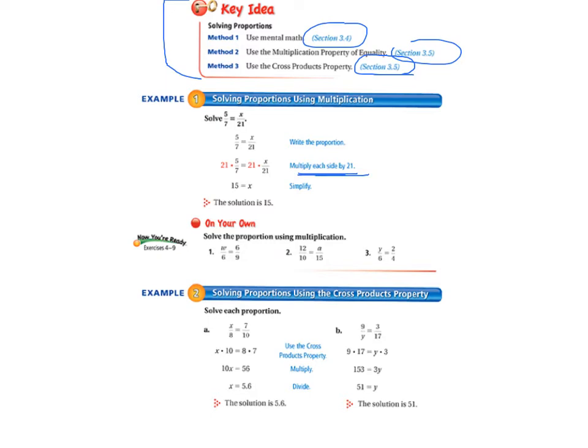When we do that, the 21s cancel each other out on the right, and then we have 5/7 times 21 on the left, and we know that 7 goes into itself once, and 21 3 times. So 5 times 3 is 15, so x equals 15. So the solution is 15.